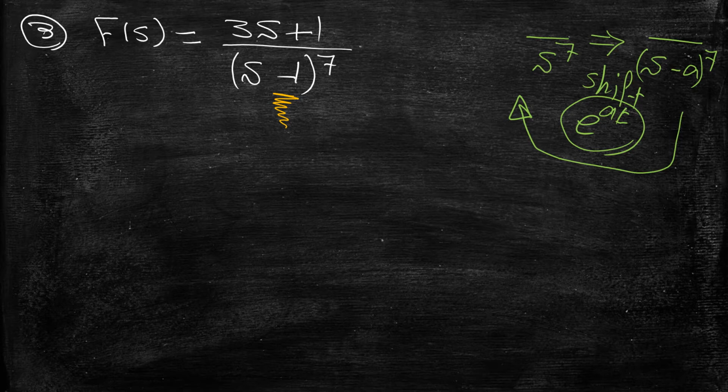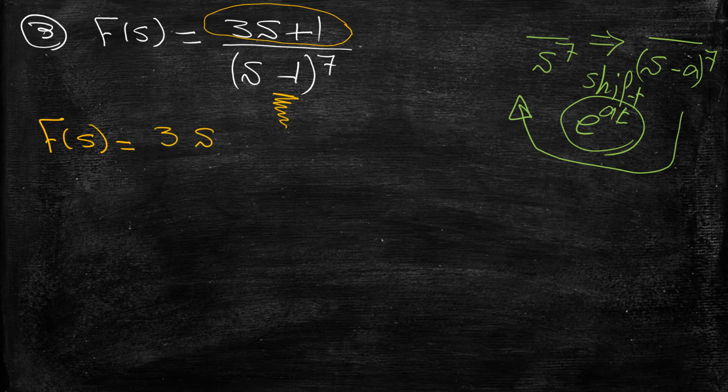But take into consideration we have another shifting here in the numerator, so you need to make the same s minus 1 as in the denominator. So we have to arrange this with one more step.